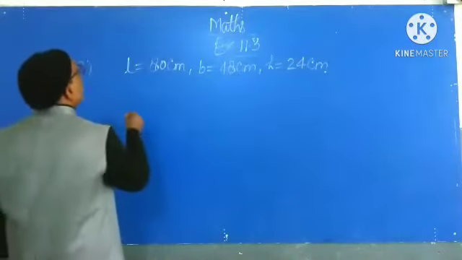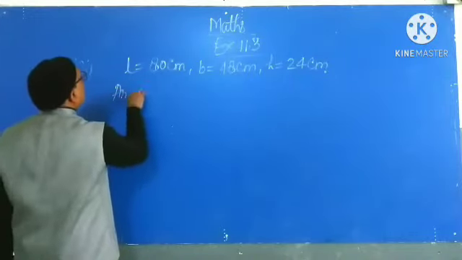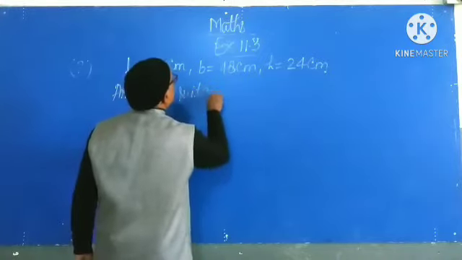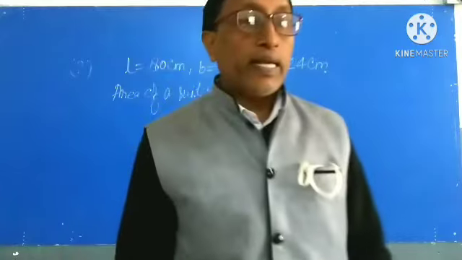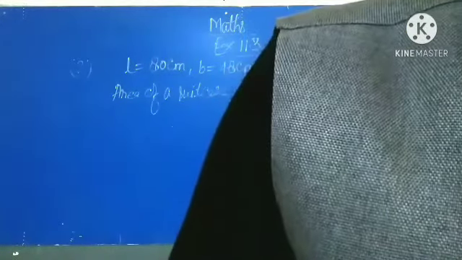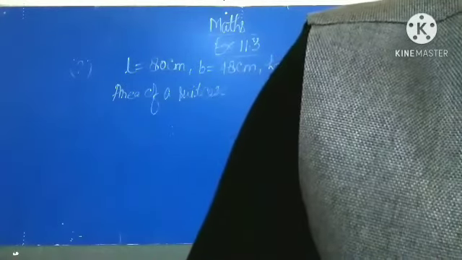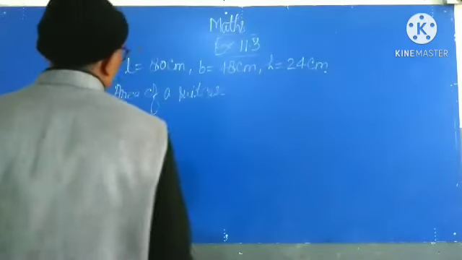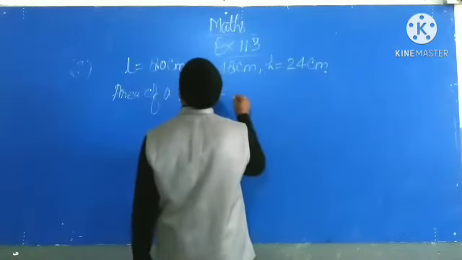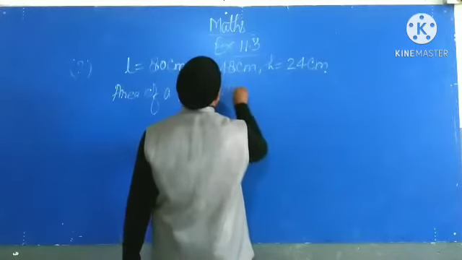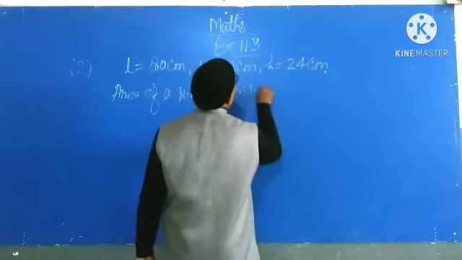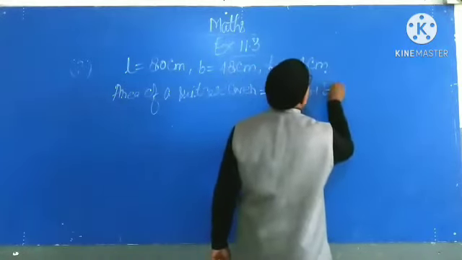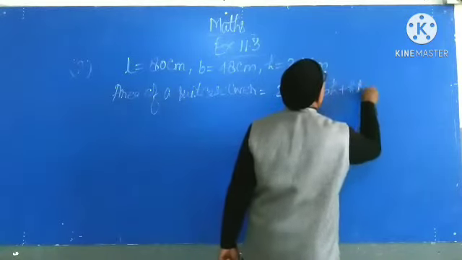We find out area of a suitcase cover, which is equal to 2 into bracket LB plus BH plus HL.